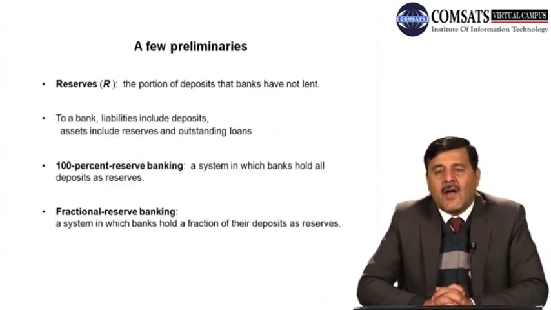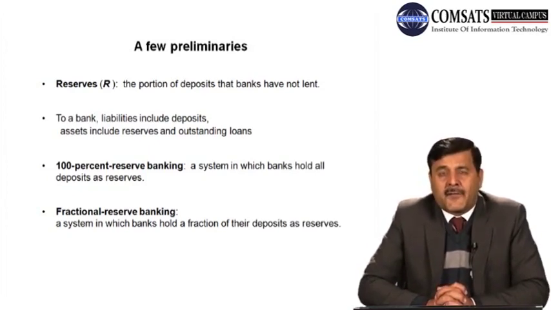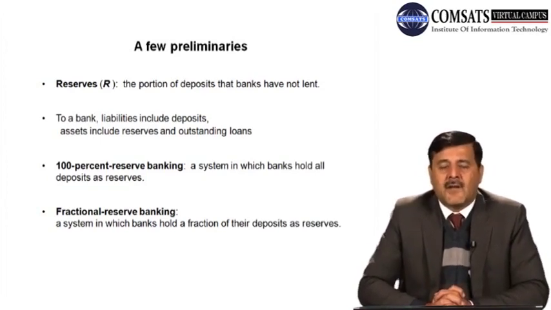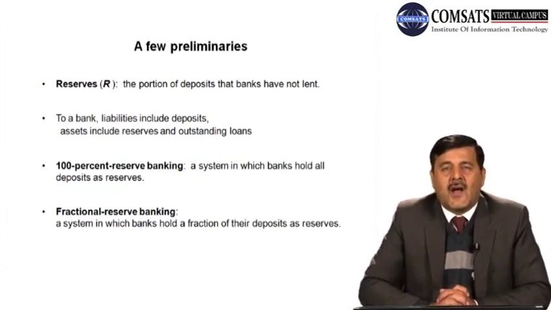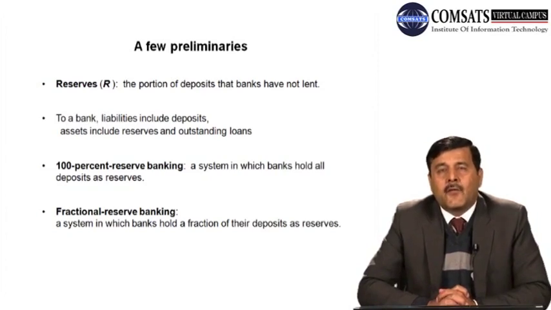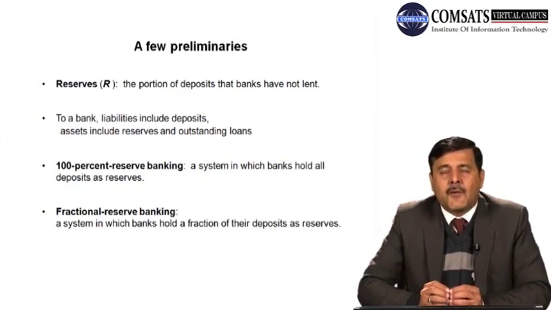Before we proceed, there are a few preliminaries that we need to look into. What are those? Reserves. We denote reserves with capital R. It is the portion of the deposits that banks have not lent, right? If we talk about the central bank and the commercial banks which are controlled by the central bank, each bank keeps a certain proportion of the deposits as a reserve with themselves.